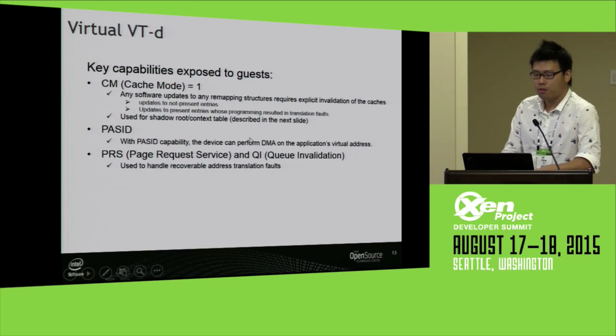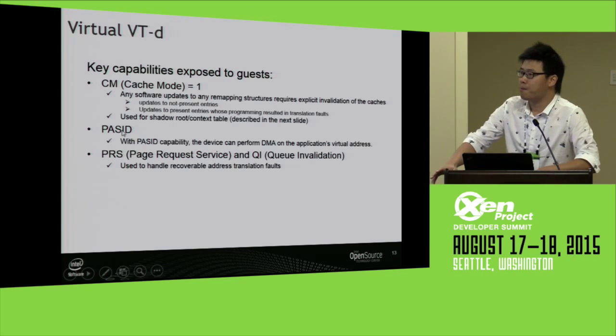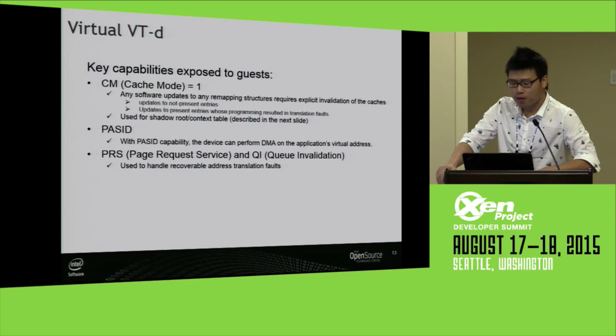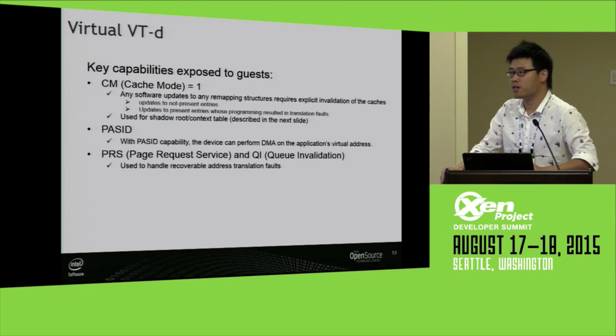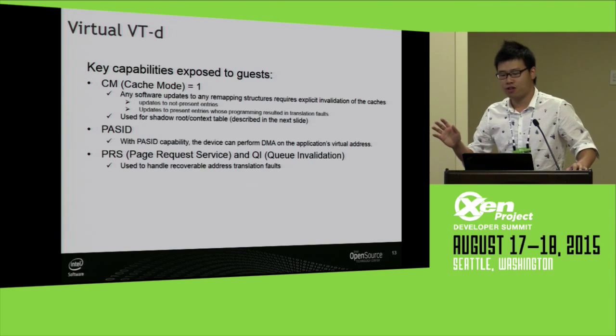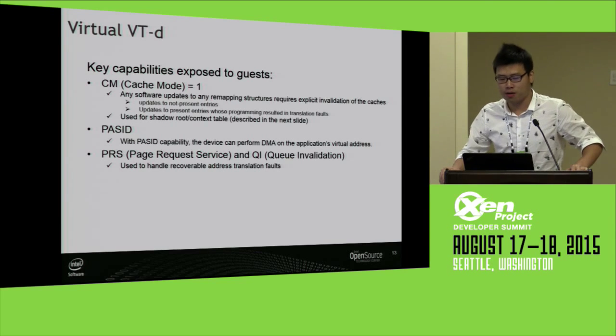And of course, the PASID table, or the PASID, we need to expose this capability to the guest. Because with this PASID capability, the guest can issue the DMA request with PASID. That means you can use the guest's application virtual address to send the DMA.